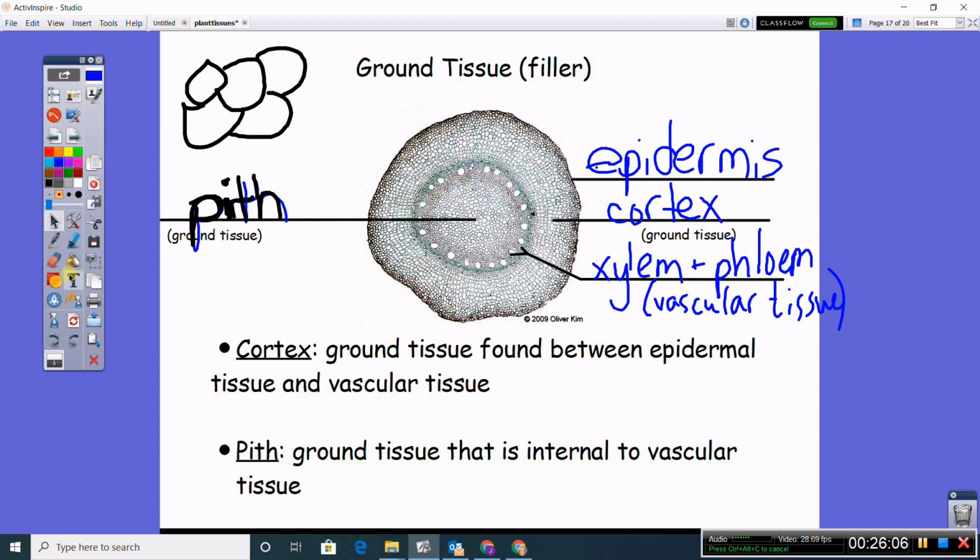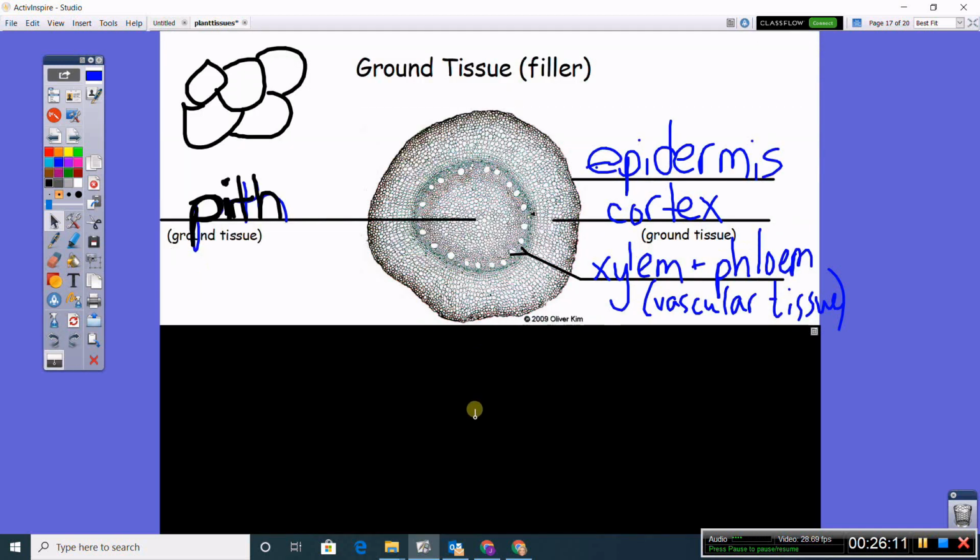All right, ground tissue. So first, let me have you fill in your blanks there. This is something that we'll look at a little bit more closely tomorrow and next week. Because I think tomorrow we talk about the pathway that water takes through the root. So what you are looking at is a cross section through the root.